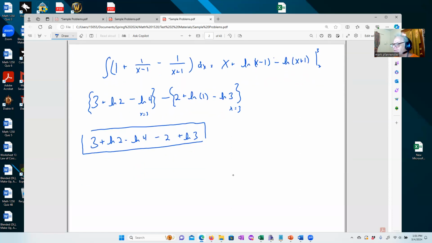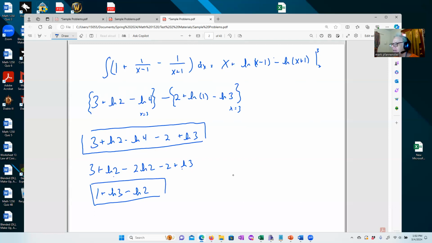I guess we could do one more thing and say this is 3 plus ln of 2 minus 2 ln of 2 minus 2 plus ln of 3. 3 minus 2, of course, is 1. So I've got 1 plus ln of 3 down here. And then ln of 2 minus 2 ln of 2 is going to be minus 1 ln of 2. And that would be my arc length, right?